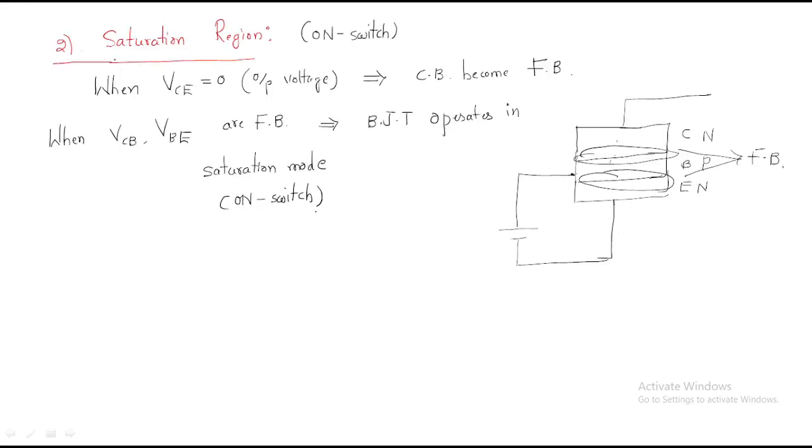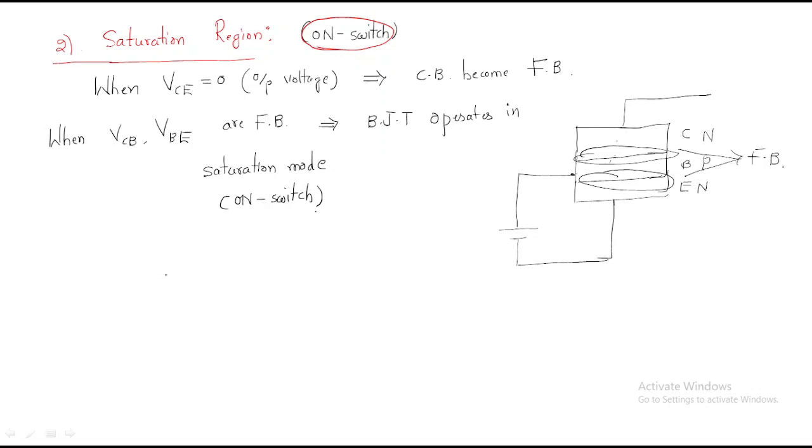The second region is the saturation region. What is the meaning of saturation? Saturation means getting more current or constant current. In the saturation region, the transistor acts as an on switch. Sometimes the transistor acts as an on switch, sometimes as an off switch.